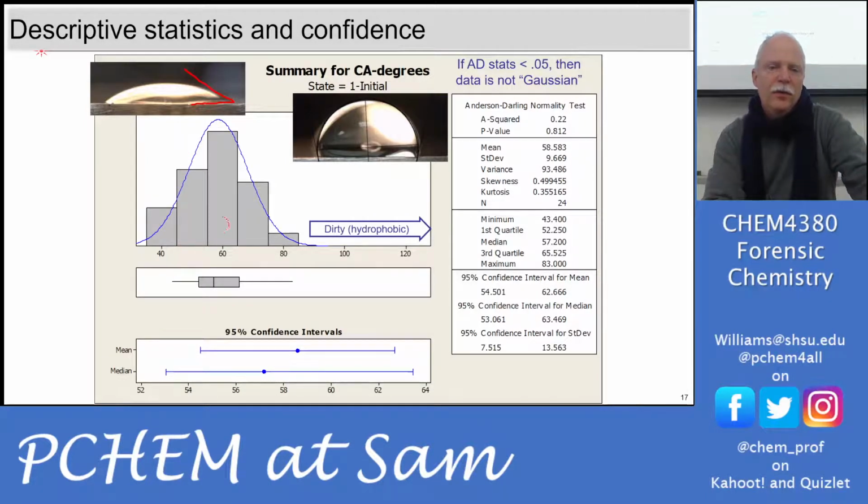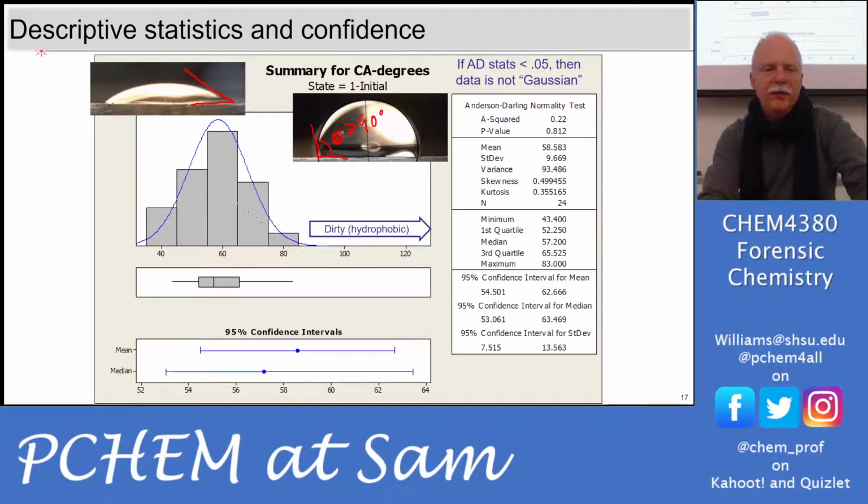And so we're looking at this. Here's the dirty contact angle. So, it's greater than 90. Let's say greater than 90 degrees is dirty. Okay, and so these are the initial data values.